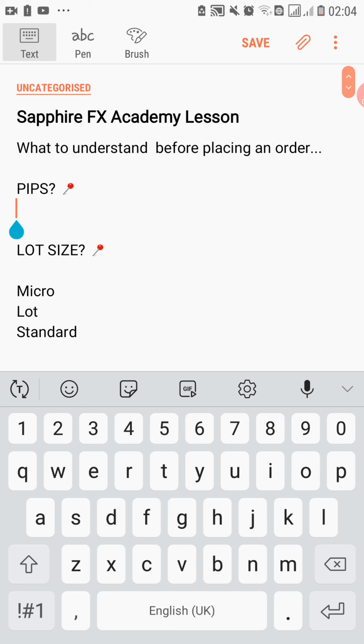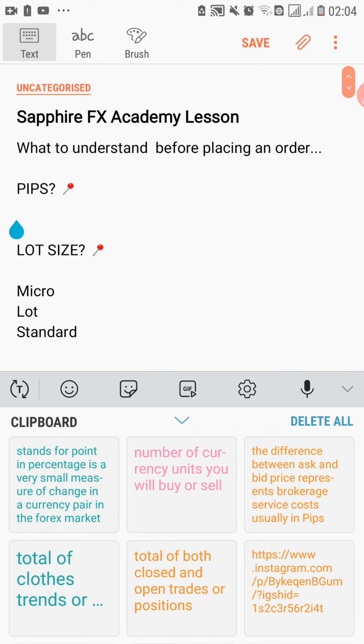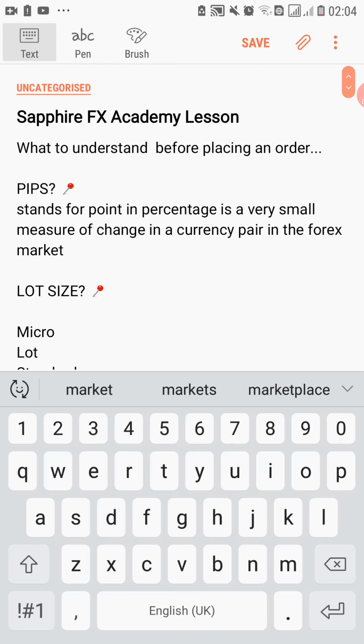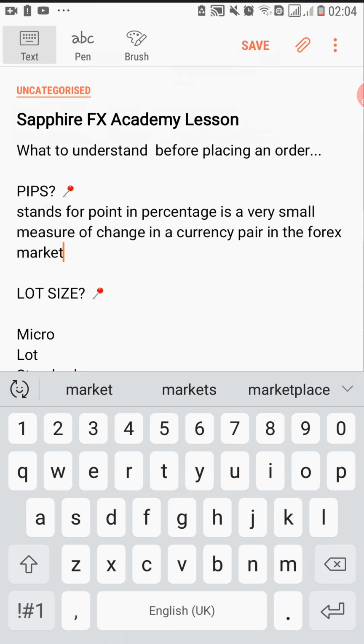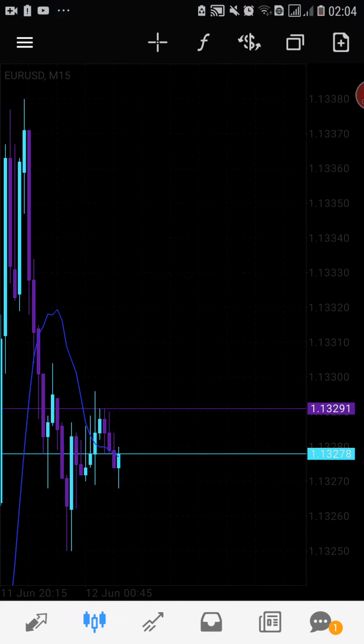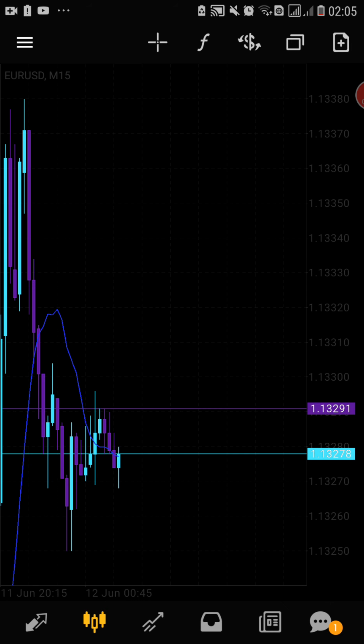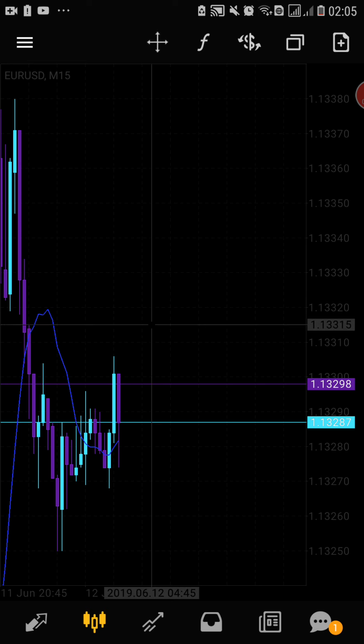So a pip stands for a point in percentage, and is a very small measure of change in a currency pair in the forex market. Okay, if we go to our MetaTrader app, what we're going to see are two pairs, EUR/USD like this.